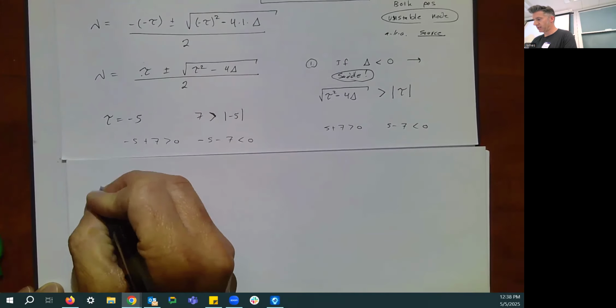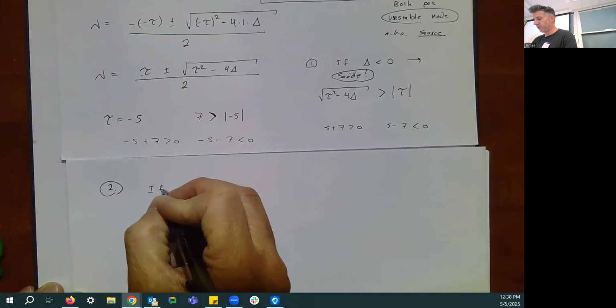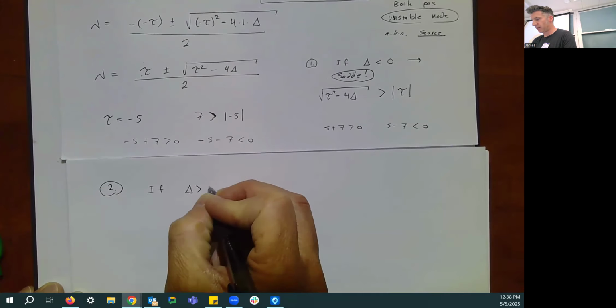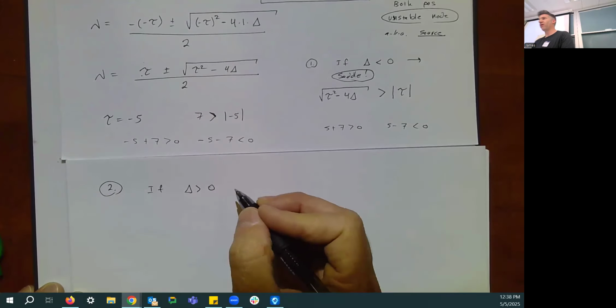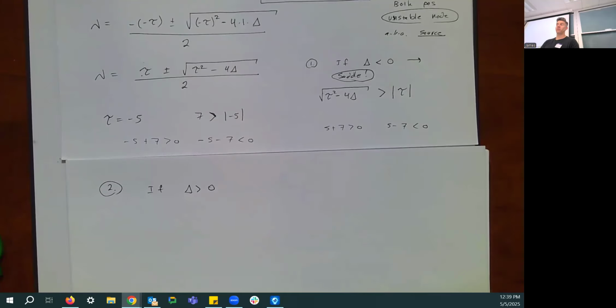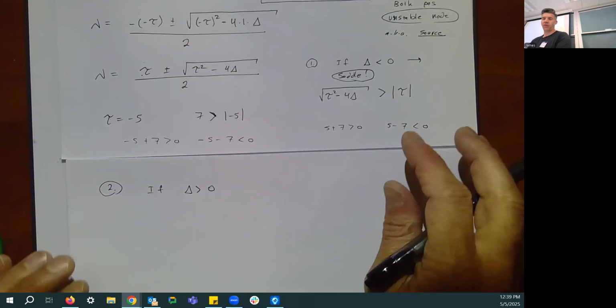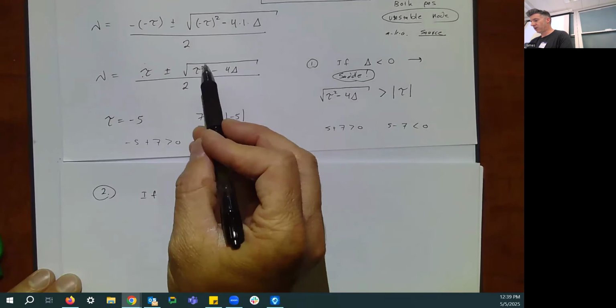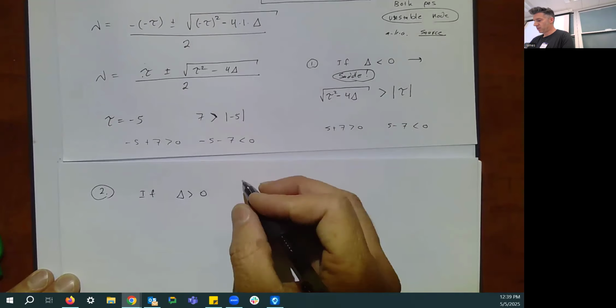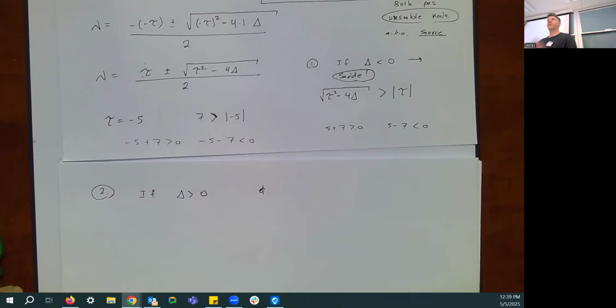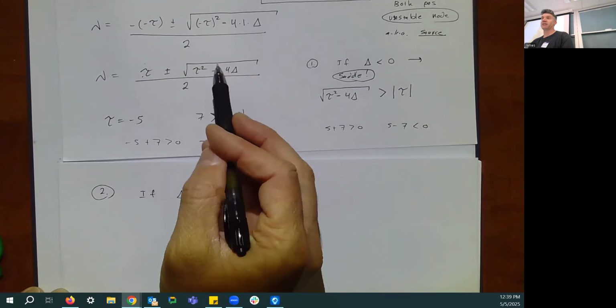Second thing I want to point out here is if your determinant is positive, well, then you have lots of options. Really, almost anything can happen. So let's think about it for a second. We're only dealing with real eigenvalues right now, right? We haven't talked about the complex ones, although they're coming up. But if your eigenvalues are going to be real, then your discriminant has to be positive, right?